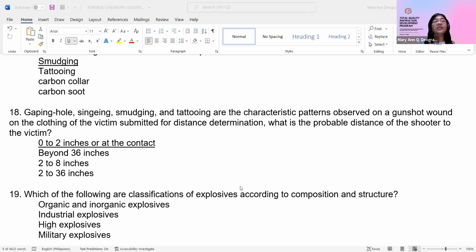O, yun yung tandaan nyo dyan sa apat na yan. Beyond 36, wala. Almost gone yung mga characteristic patterns. 2 to 8, smudging and tattooing. Pag 2 to 36, tattooing na lang. Or that should be 8 to 36. Ayusin natin ha. Pero minsan sa question natin is 8 to 36 yan. At 2 to 36. Pag gawin natin 8 to 36 yan.